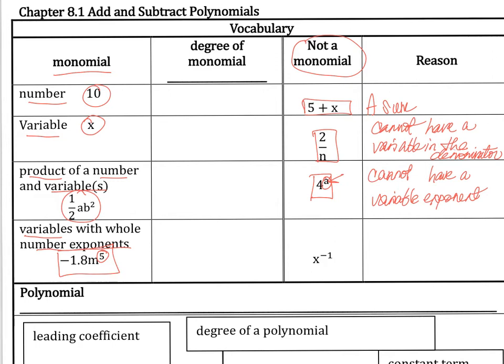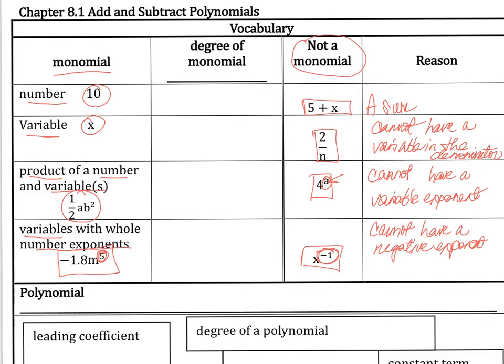And for the next one, you cannot have a negative exponent. It must be a whole number exponent in order for this to be a monomial, as we see here.